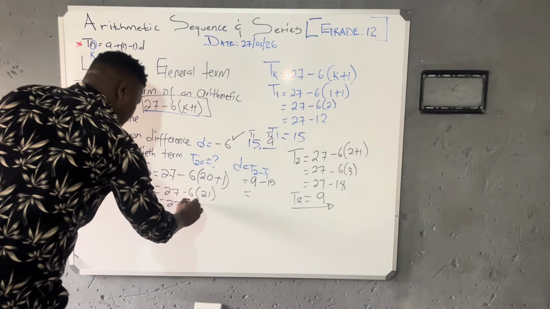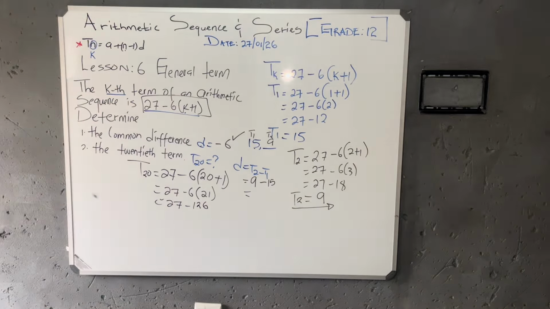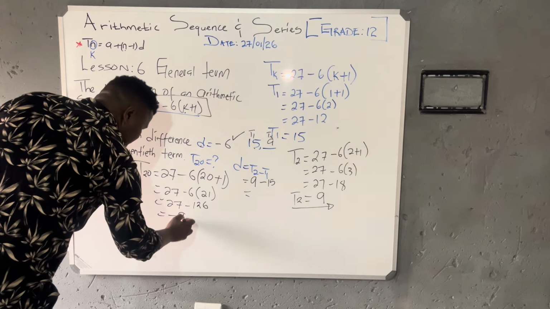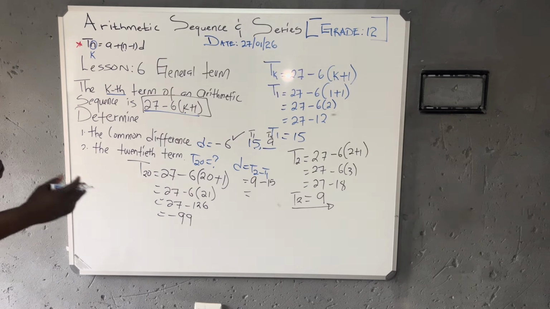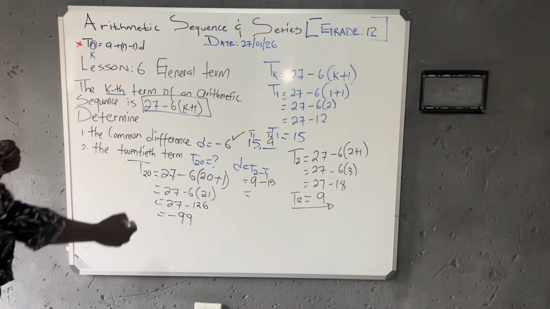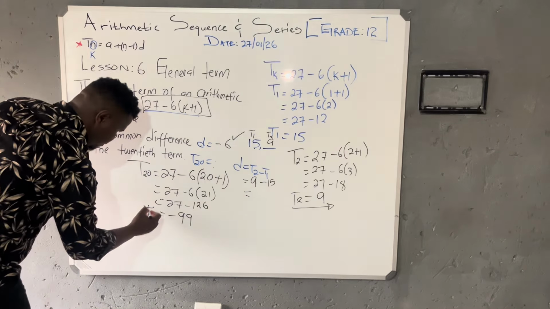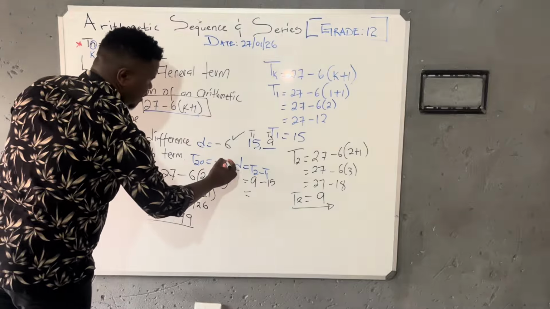So it gives us 126. Now, what is 27 minus 126? We'll just work on it. Since 27 is smaller, we are going to experience a negative answer of negative 99. So we answered this question. Now, T20 is what? It is negative 99.